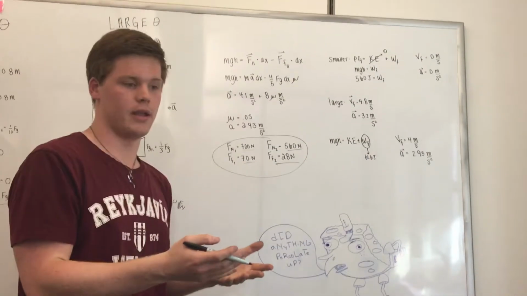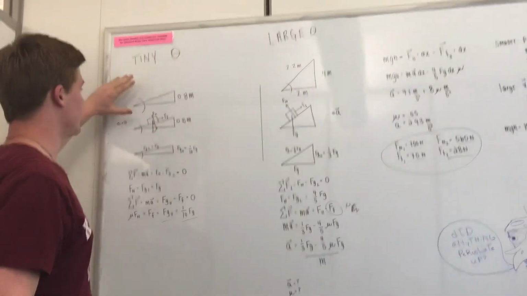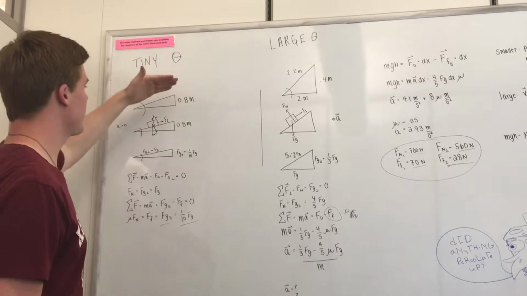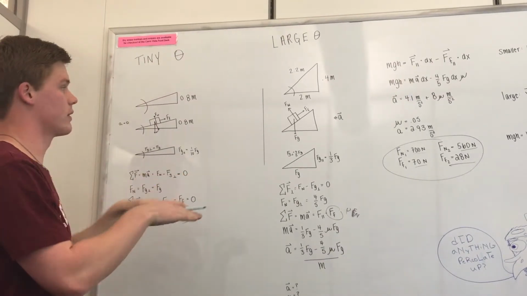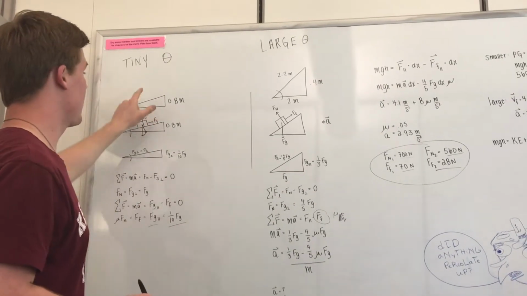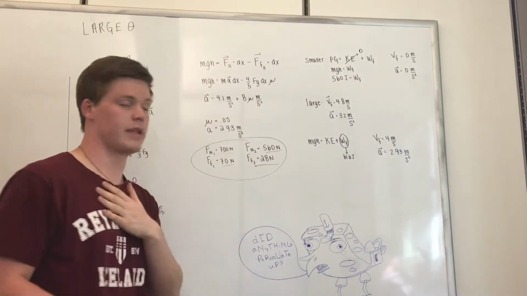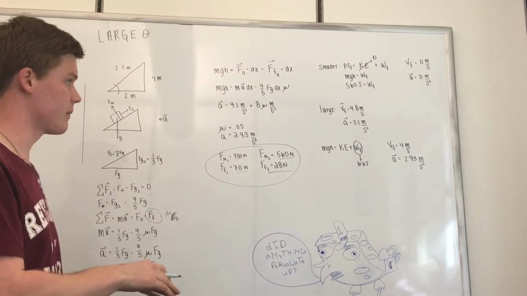And if, in this case, he was on this inclined plane and there was no friction, he would accelerate and it would be tiny because it's almost horizontal. But again, he'd actually be able to move because there wouldn't be any friction here, and that would allow him to slide down the inclined plane.